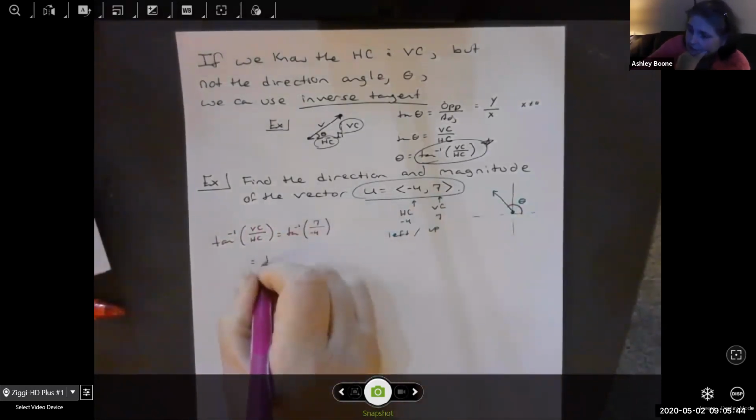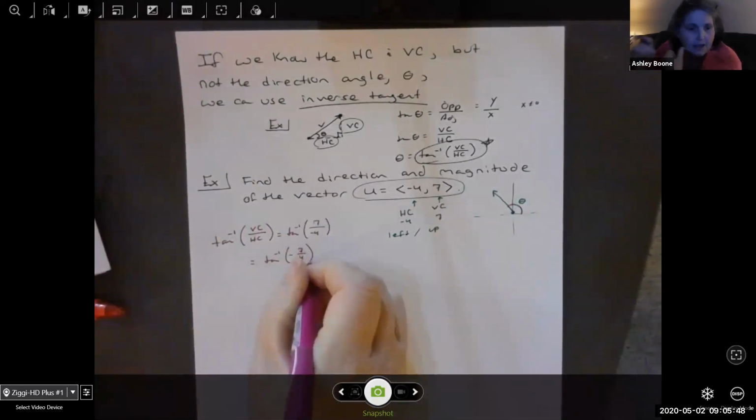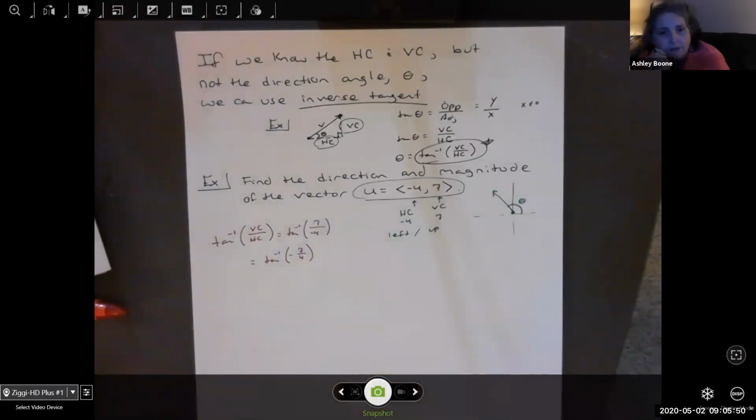So that's the inverse tangent of -7/4. Now, that's not one of our nice values. For any of our nice angles, we don't get a tangent of -7/4. So I'm going to go ahead and use my calculator. We're going to stick with degree mode here.